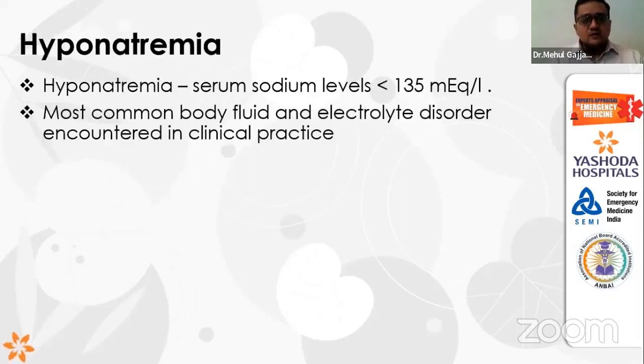As we all know, hyponatremia is defined as serum sodium level less than 135 milligrams per liter. It is the most common body fluid and electrolyte disorder encountered in clinical practice.